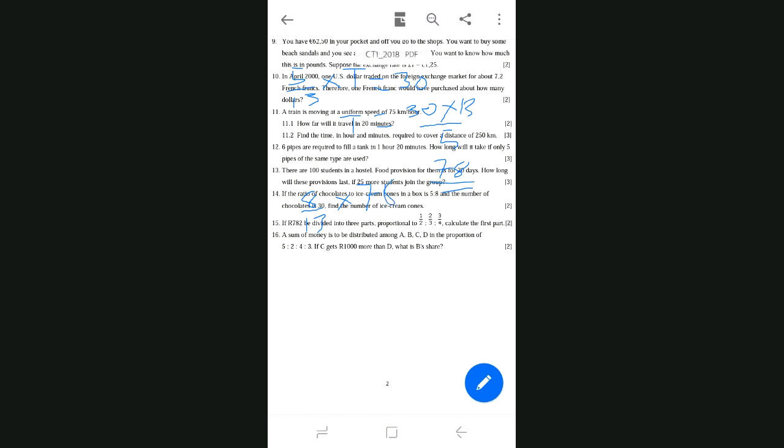So it's going to be 8 divided by 13 times 78, which will give us 48. That means that we had 48 ice creams. Please, any questions? Any questions here?